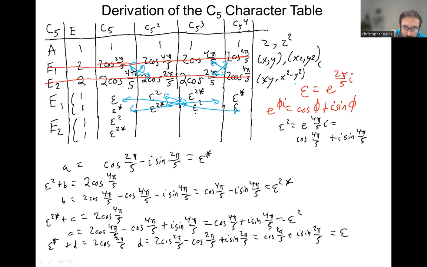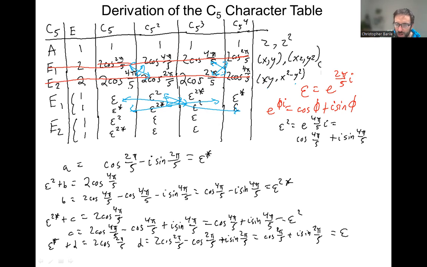Let's do this side. On this side, we saw that they were flipped. So this is going to be 2 cosine, we're trying to equal 2 cosine 2 pi over 5. And so that one is also going to be just epsilons. We have to think about where the complex conjugate is going to be.